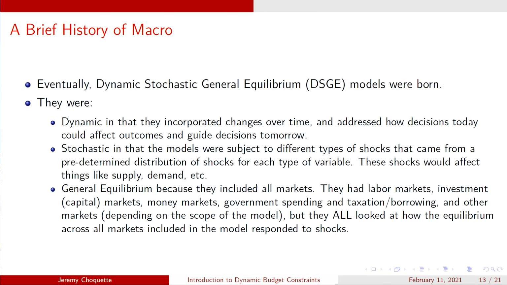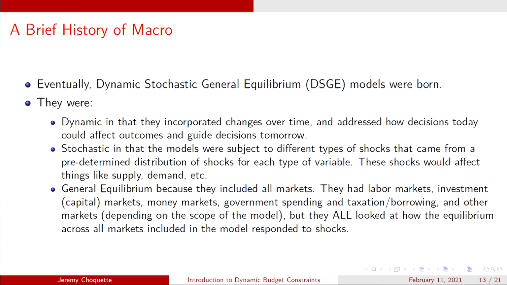Now, we've covered the D part and the S part. Now it's time for the GE part. And no, it's not General Electric. General equilibrium, because they include all markets, right? They will have labor markets, investment, capital markets, money markets, government spending, taxation, borrowing, other markets depending on the scope of the model.